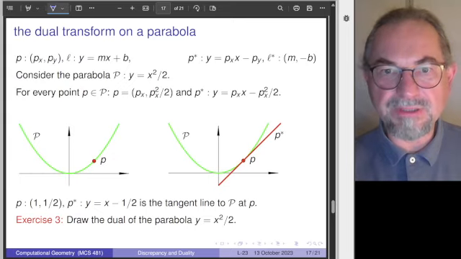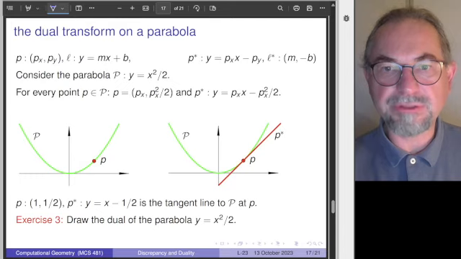Purely formally, the dual of the point is explained here. The slope of the dual is the first x coordinate, and the intercept is this p squared divided by x over 2. And there you now see it.